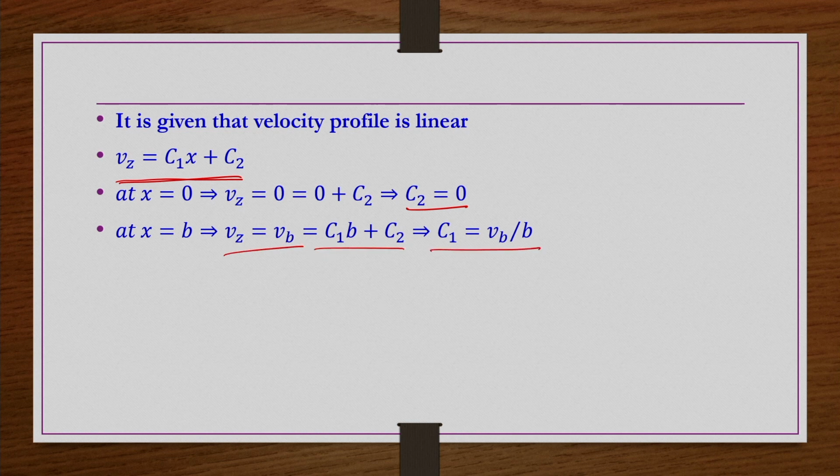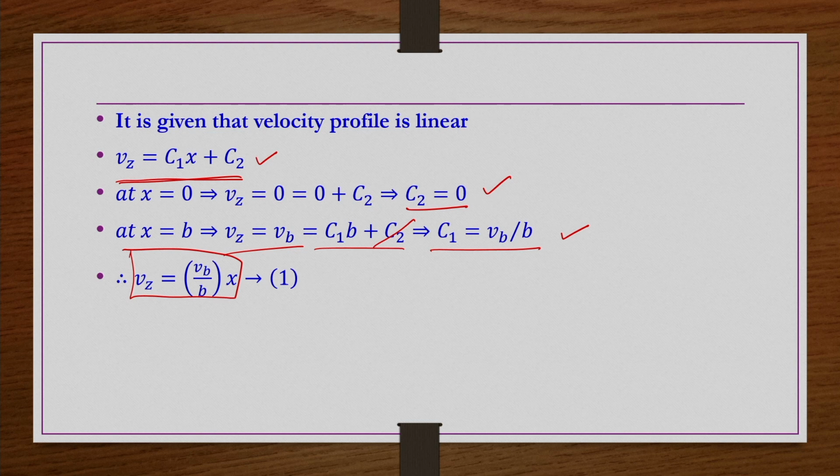C1 b is nothing but V b, because C2 is 0, so C1 equals V b by b. Now C1 and C2 are known. Substituting them in the velocity profile, V z equals V b by b times x, plus C2 which is 0. So the linear velocity profile has this form: V b by b is the slope, and there is no intercept.